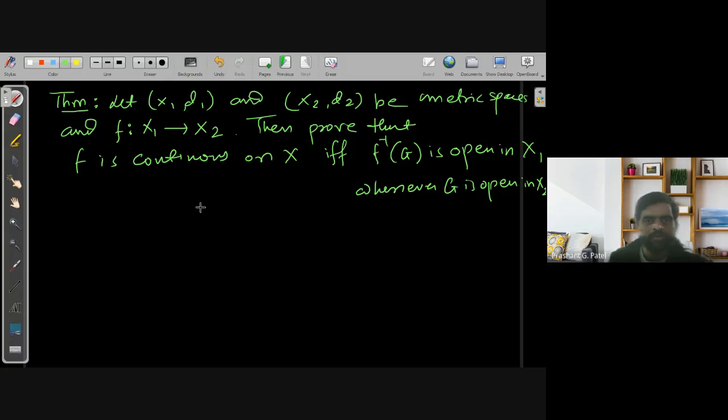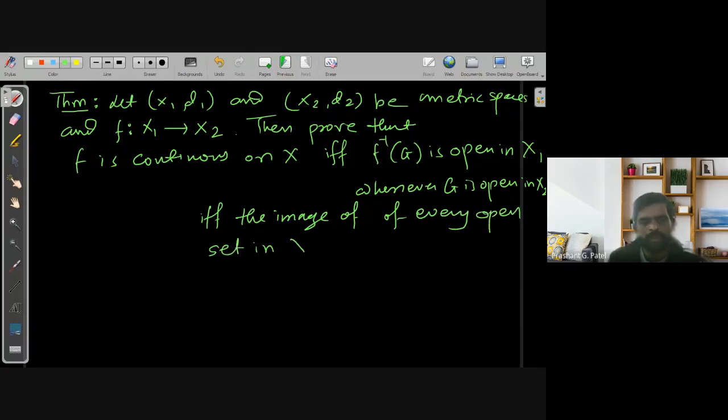So that is also, I can write, if and only if. That means f is continuous on X if and only if the inverse image of every open set in X2 is open in X1. This is the alternate statement we can write.